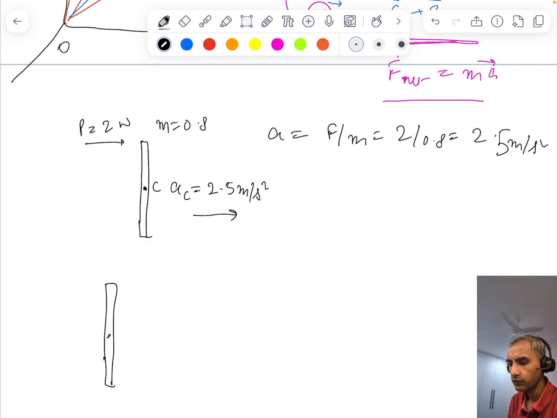How can we now work towards finding out AA and AB? So this is A, this is point B, this is point C, and this is of course AC is equal to 2.5 meter per second square. Now of course the force being active, because it's acting over here, the body does undergo a certain amount of rotation.